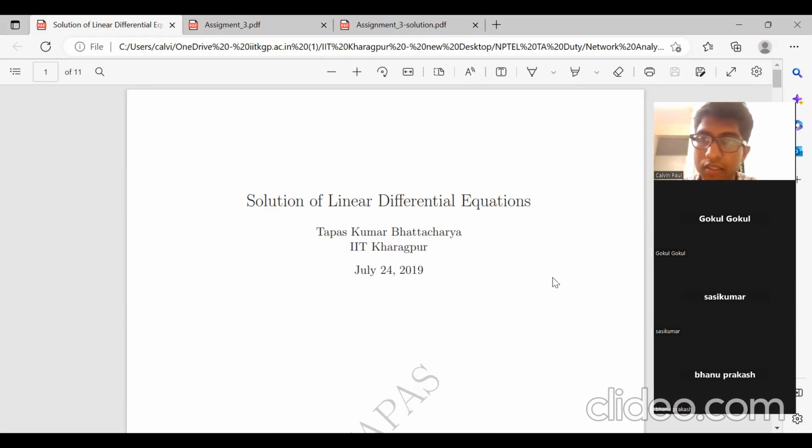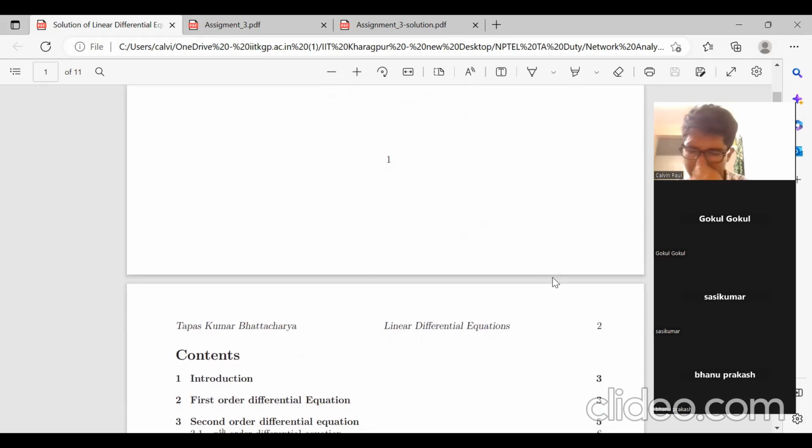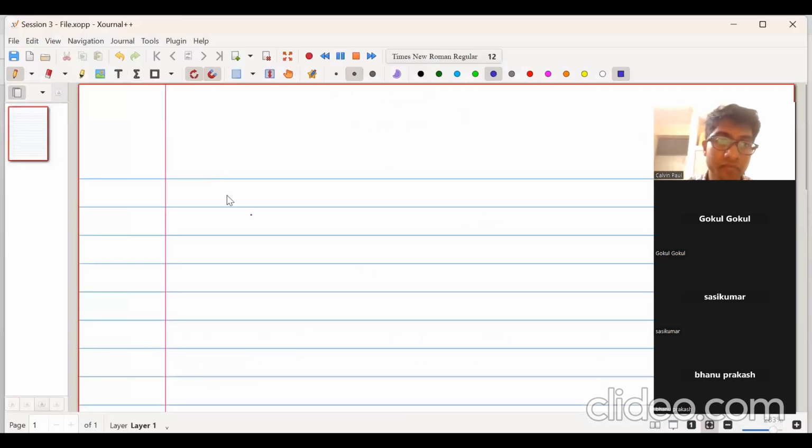So this week, third week, we will be studying how to solve linear differential equations and their applications in solving linear RLC circuits. Can you tell me where in an RLC circuit a differential equation comes, and why does that differential equation come?